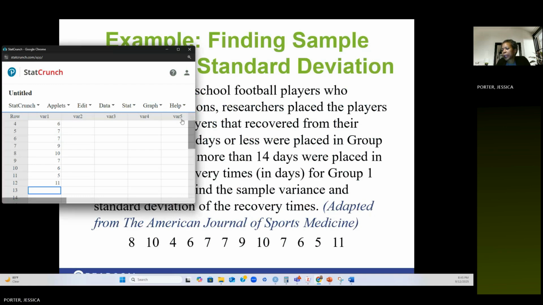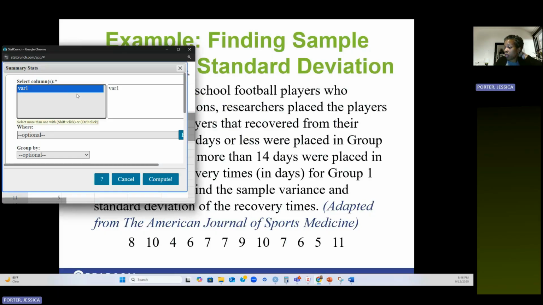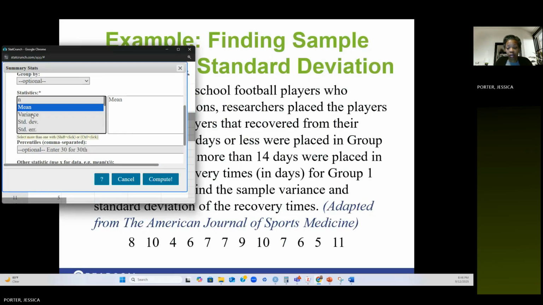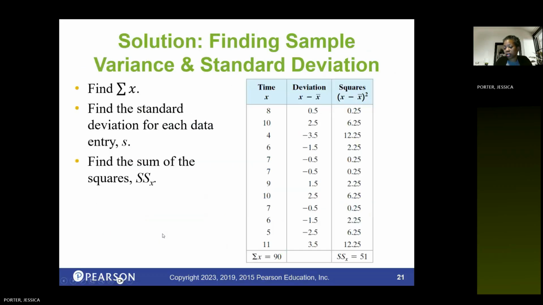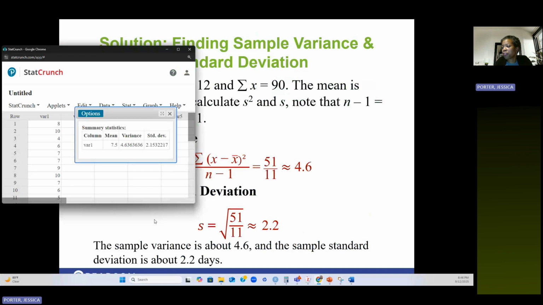Okay. So remember what we went through before when we went summary stats, columns, bar 1, and I want the mean, the variance, and standard deviation, and compute. So let's go to our calculations here, make sure.